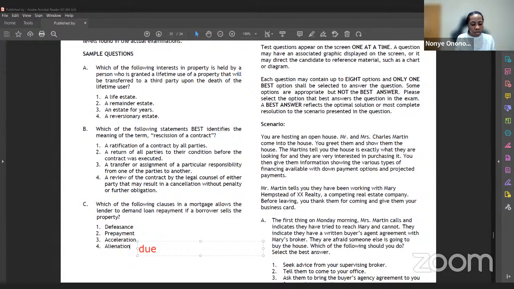The due on sale clause essentially means when the property is being sold, the loan should be paid off to the lender.